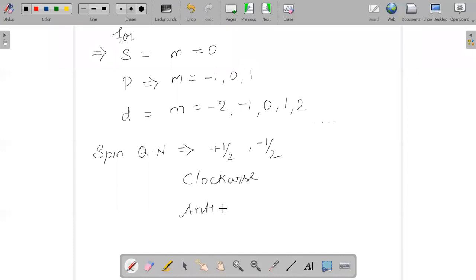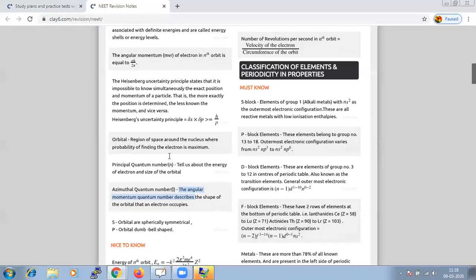If clockwise, it will be equal to plus half, and if anti-clockwise, it will be equal to minus half. There is no much formula or relation we need to calculate related to that. So if you are saying quantum numbers, we should know each and every quantum number, what it is and how it is related with each other.